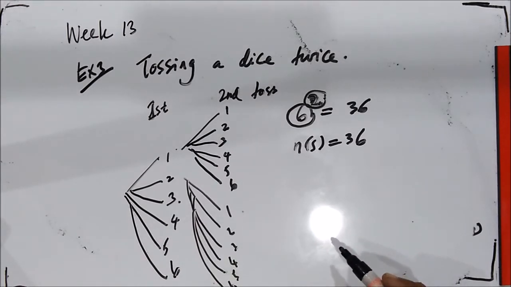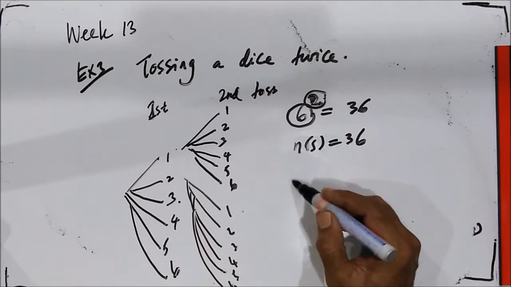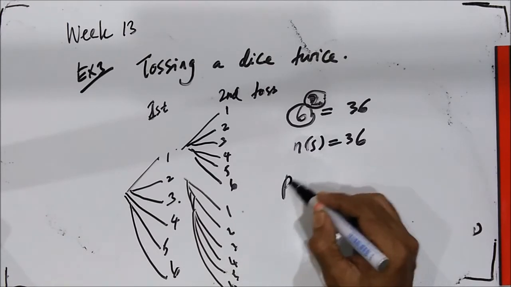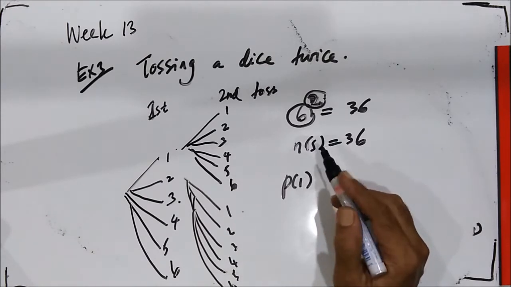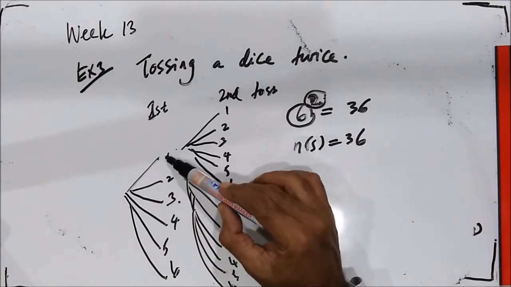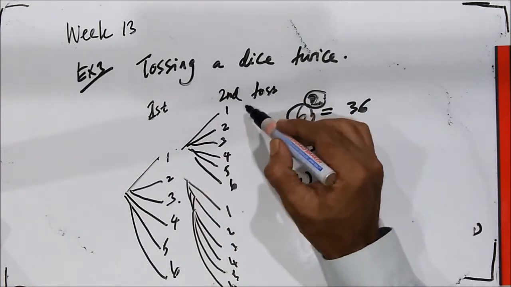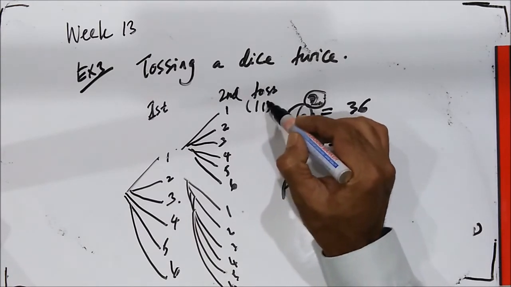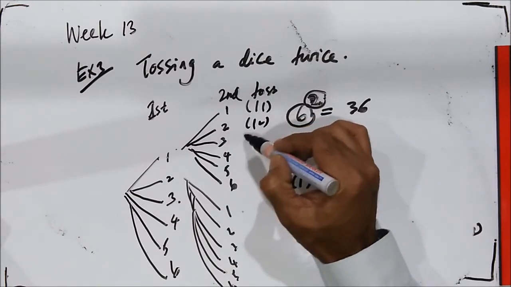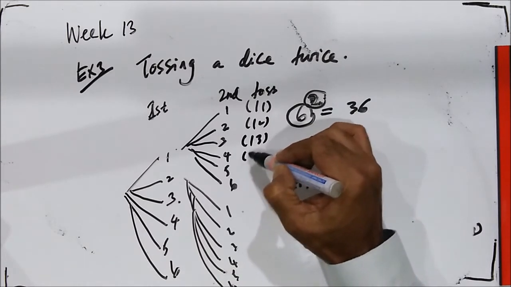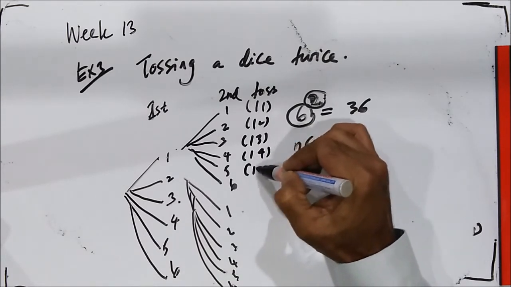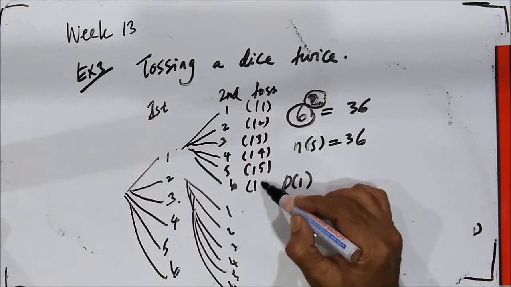So my question is, what is the probability of getting number 1 in the first toss? So number 1 in the first toss is this one, because right here you get 1 and 1, 1 and 2, 1 and 3, 1 and 4, 1 and 5, and here is 1 and 6.